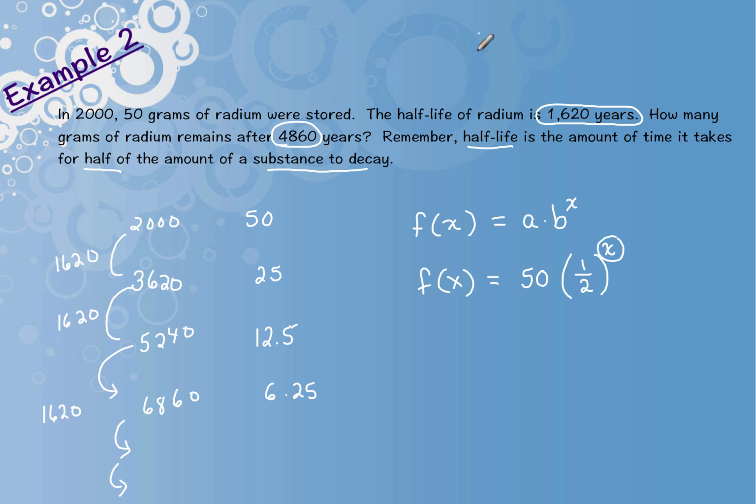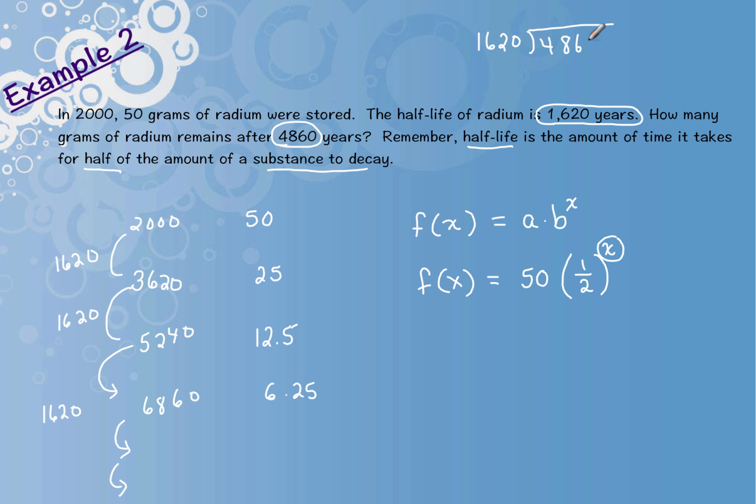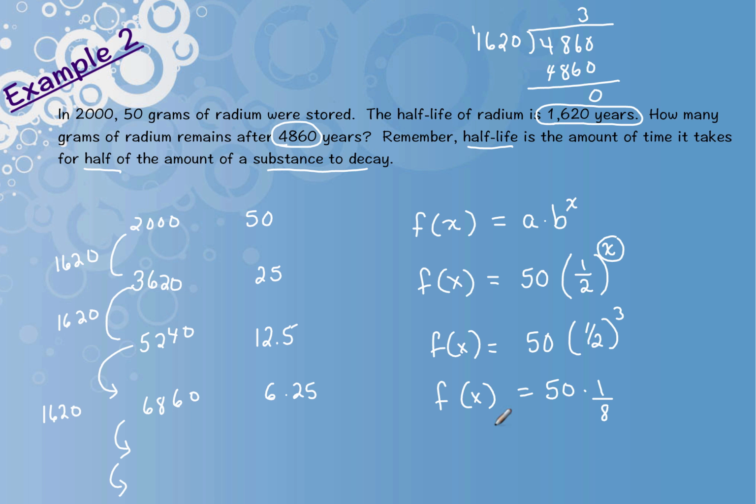So in other words, 1,620 goes into 4,860 3 times. So we want 3 half-lives to pass. So when I figure that all out, I don't need to go to a calculator because 1/2 to the 3rd power, remember we have to do exponents before we multiply.